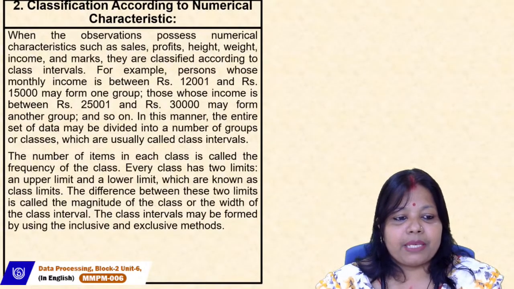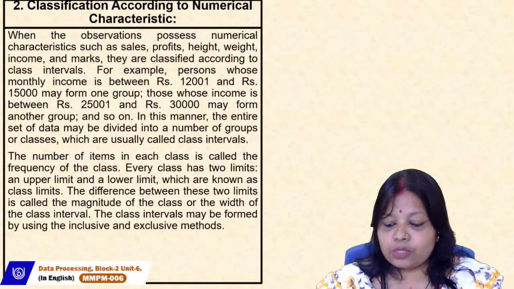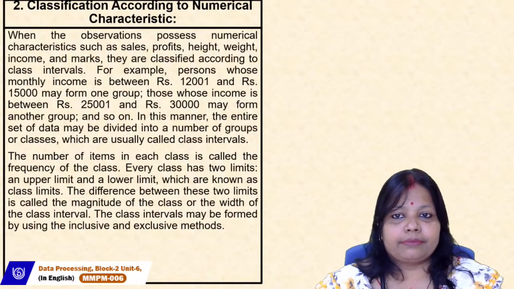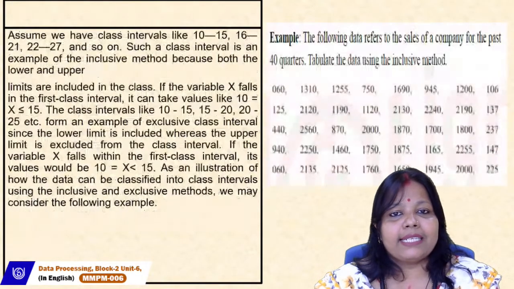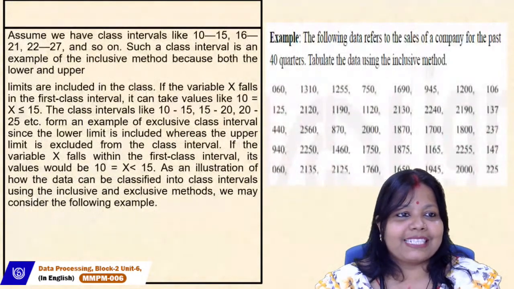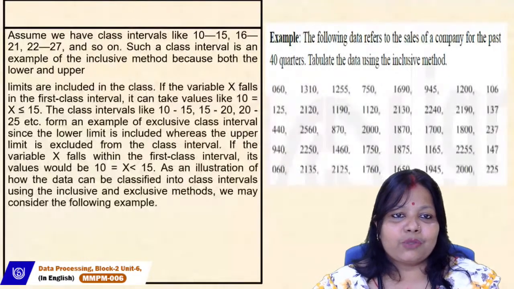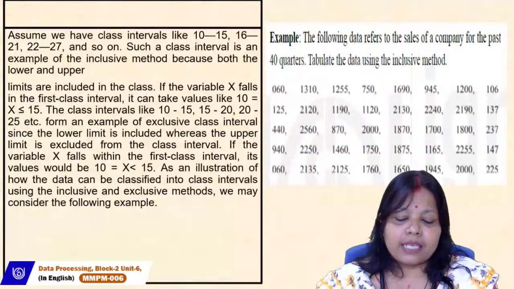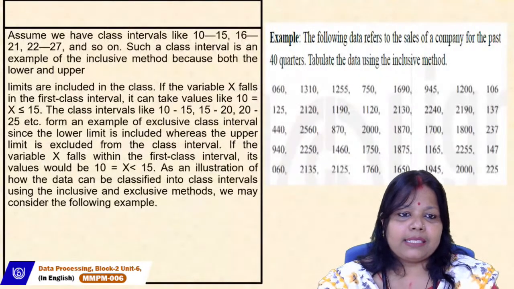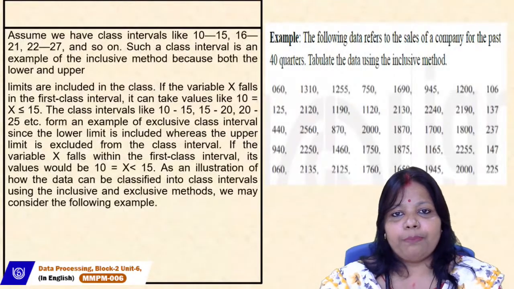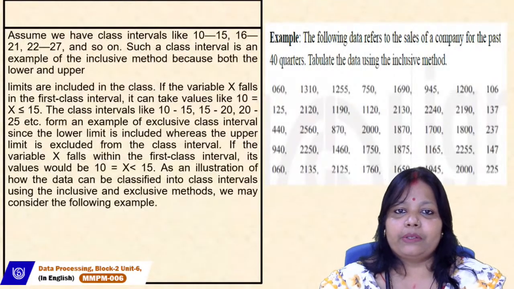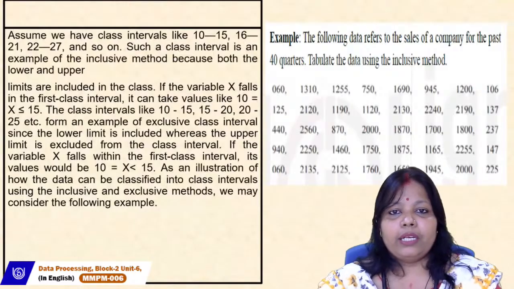And the class intervals may be formed using the inclusive and exclusive method. So assume we have class intervals like 10 to 15, 16 to 21, 22 to 27, and so on. Such class intervals are an example of inclusive. Inclusive says the upper limit is included in that particular class, as well as the lower limit.